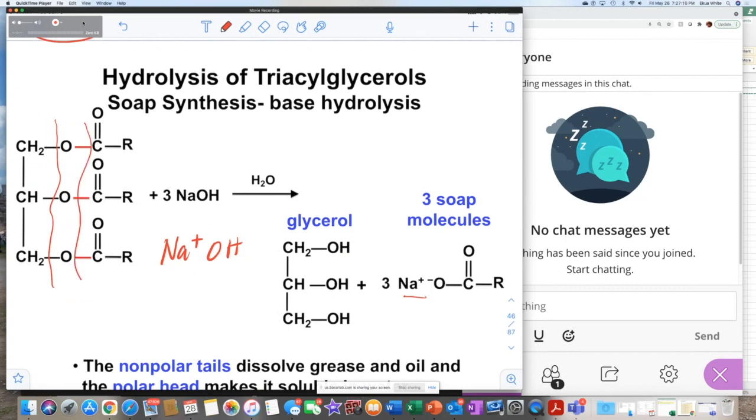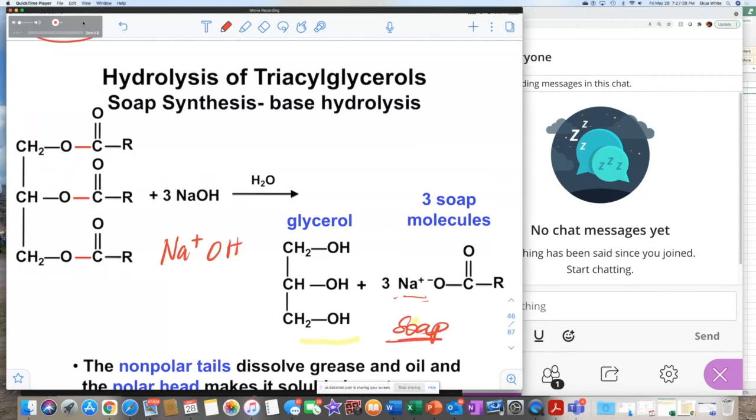But if the bond breaks over here, then the O and Na have to come in together. You get what I'm saying? Scientists are trying to make sense of something that's already happening, so they have reaction mechanisms, which are hypotheses. They're proven based on experiments, which prove one mechanism is stronger than the other to explain what's already happening. Okay. Ultimately, we get our glycerol right here, and these are soap molecules.